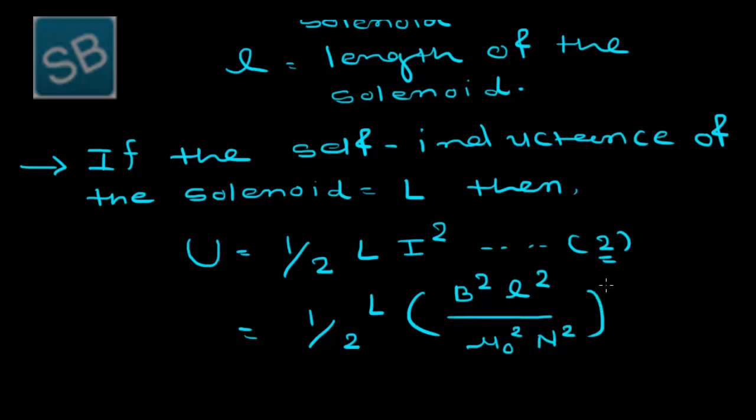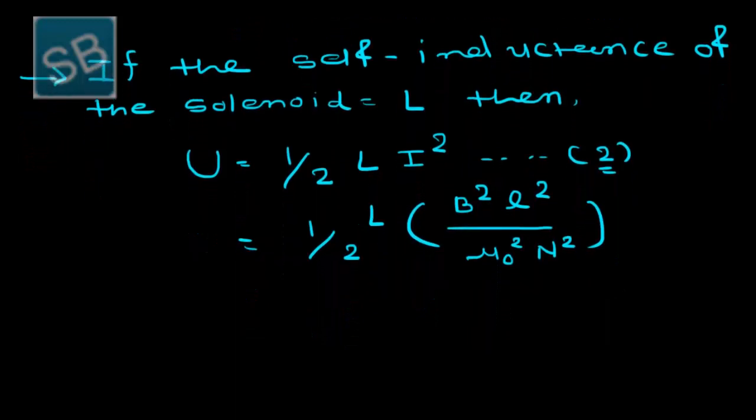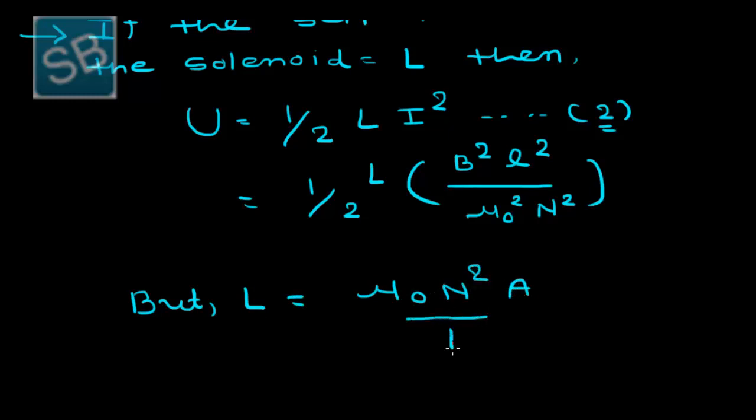But the self-inductance of a solenoid is given by L is equals to mu 0 N square A divided by l. Here one new quantity is coming, that is A, which is the area of solenoid.